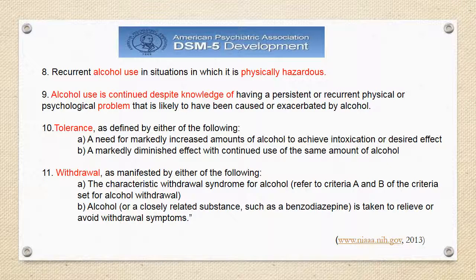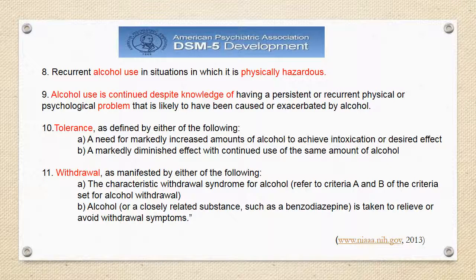A person experiencing alcoholism may also have recurrent alcohol use in situations in which it's physically hazardous, such as DUIs, endangering your children because of your substance or alcohol abuse.